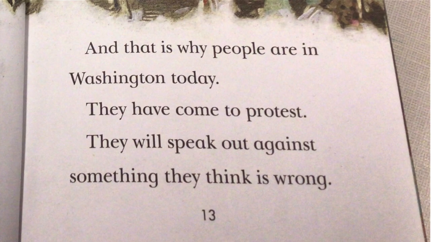And that is why people are in Washington today. They have come to protest. They will speak out against something they think is wrong. What words on this page help us understand what the word protest means? We're going to write those words around the outside of the circle.